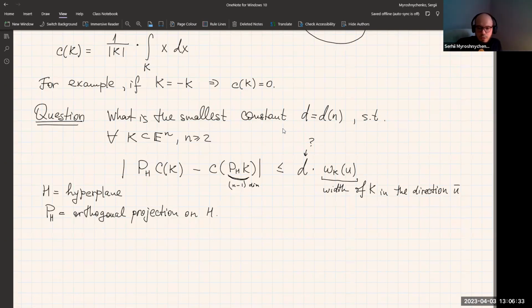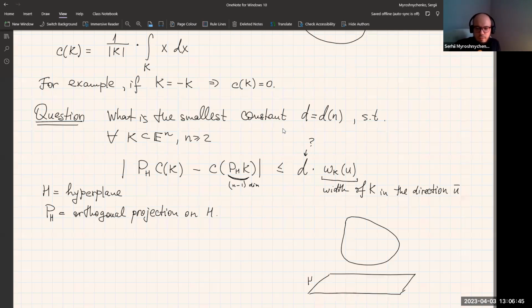So here comes the picture. Our convex body, and I'm on purpose making it very non-symmetric, gets projected on the subspace H. This is our K. So we project it and we obtain its shadow.